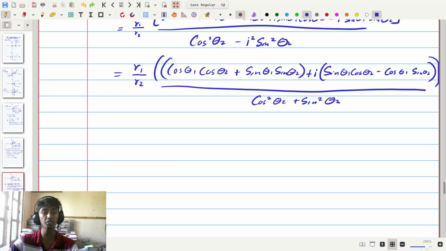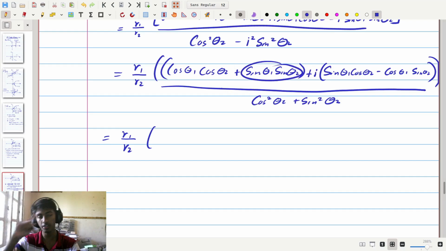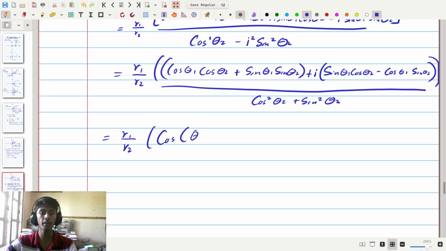Now considering the rest of it, we can see we have r1 divided by r2 multiplied by all of this stuff here, and we have cosine theta 1 times cosine theta 2 plus sine theta 1 times sine theta 2. And as we know, that right there is the equation for the cosine of theta 1 minus theta 2.